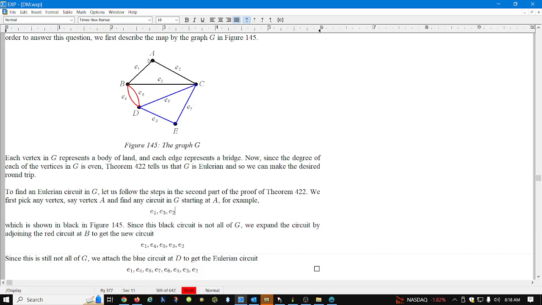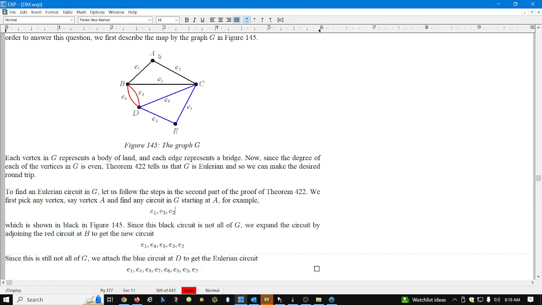Now, since this is not all of the graph, we can expand this circuit. We come from A to B, and at B here we can take another path. So don't use the black edges now. In the proof we would have actually removed them, and we would have found this circuit here. So E1, E4, E5, E3, E2.